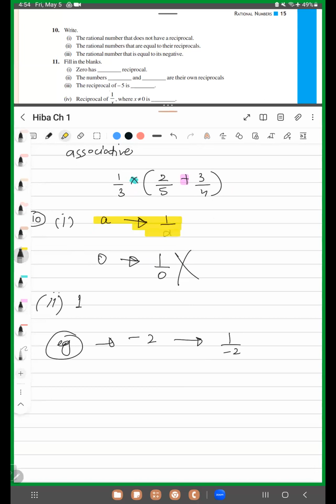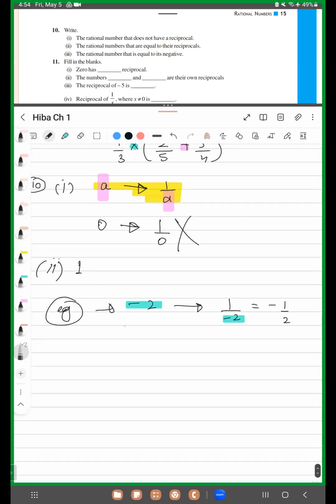Yeah, but there's no minus 1 in it. There's no minus 1 in it, but Hiba, this a can be any number. This a can be a negative number also. So for this minus 2, imagine that a is minus 2. What will be the reciprocal of minus 2? 1 by minus 2. Can it be minus 1 by 2? Yeah, it can be. It's going to be the same thing. This minus sign goes up, right? Okay.